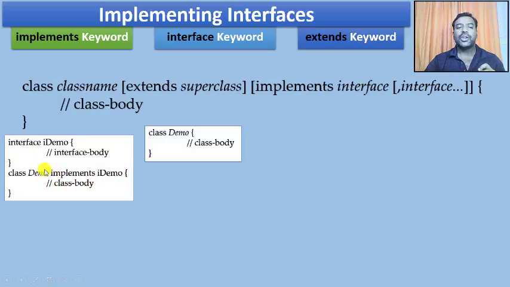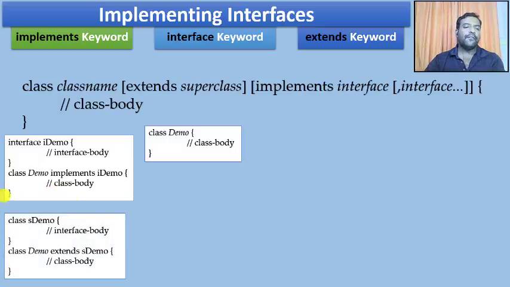That is, now this is the class demo I'm creating, which is going to implement the interface. Hence we are going to have implements. Hence now whatever methods this interface contains, all those methods this demo class should implement.